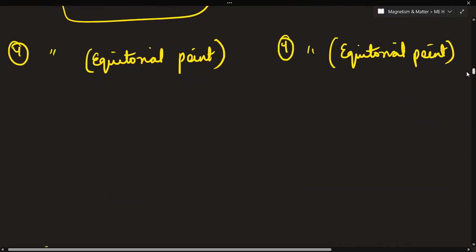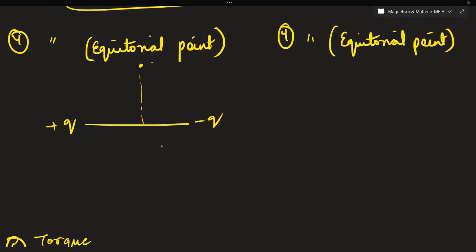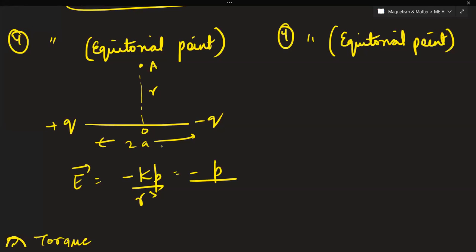And then the equatorial point, for example, plus Q, minus Q are there, at this point, some point A. This is R, O. Again, this separation is 2A. So for the equatorial point, you have minus Kp divided by R cube, which can be written as minus P by 4 pi epsilon naught R cube for the electric field.